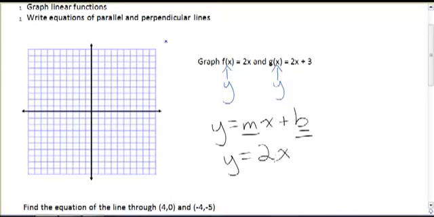Well, there's not anything being added on the end. I could write plus 0 if it helped, but it's really unnecessary. But this maybe gives you a visual aid to see, oh yeah, this line crosses the y-axis at 0. It has no y-intercept. So I would come over here on the graph and I'm going to make a point there at 0, 0. Well, then what's another point?